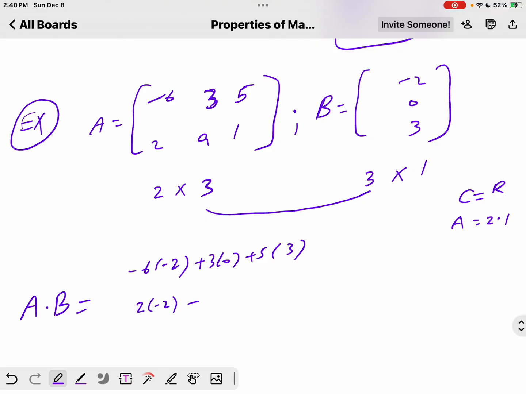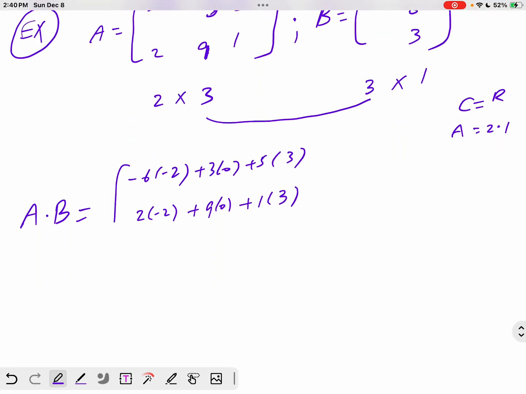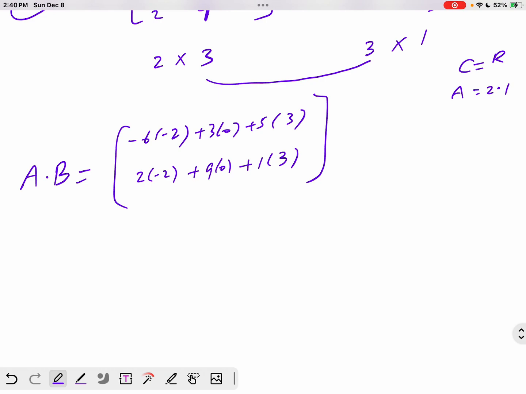The second one is going to be 2 times -2 plus 9 times 0 plus 1 times 3, and that's it.